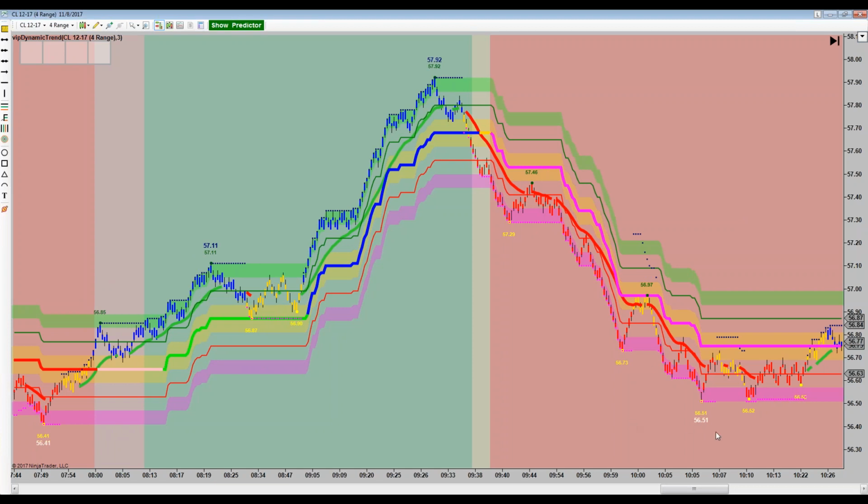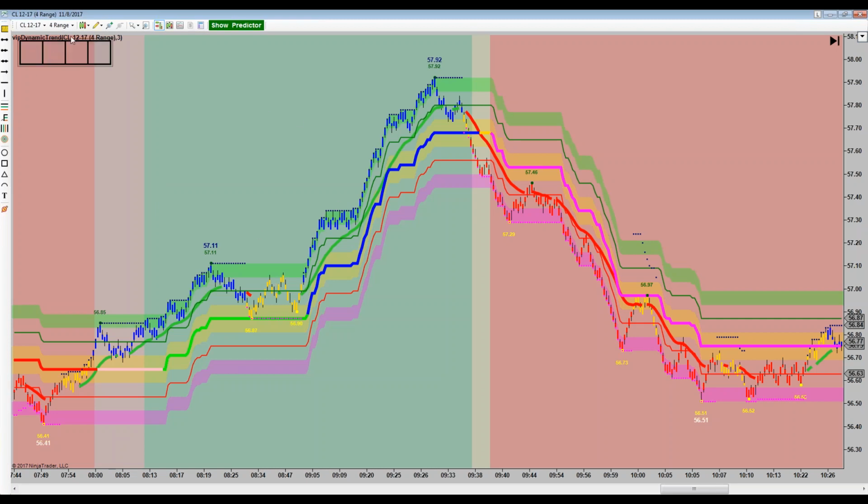Now, I'm going back a couple of days. I think this might have been yesterday. I don't think this is today. But here you can see that crude oil, and I'm not talking about any trade setups just yet. I'm talking about just taking a general look at what's happening in a market. In a few minutes, we'll dive down and we'll start talking about actual trade setups, like where the trades are and how to take them. But let's keep it pretty high level for right now.